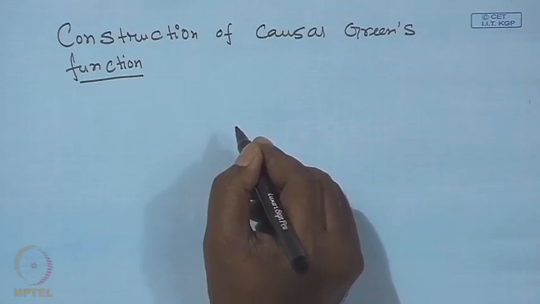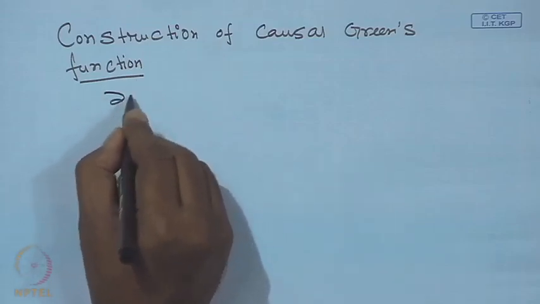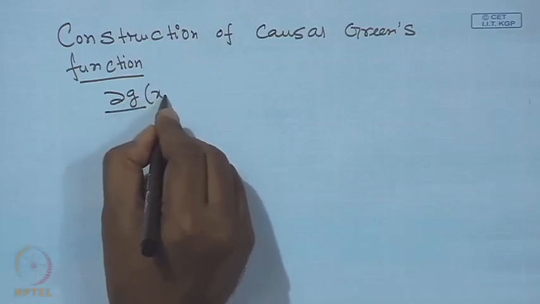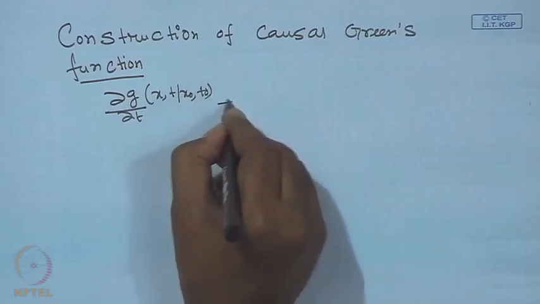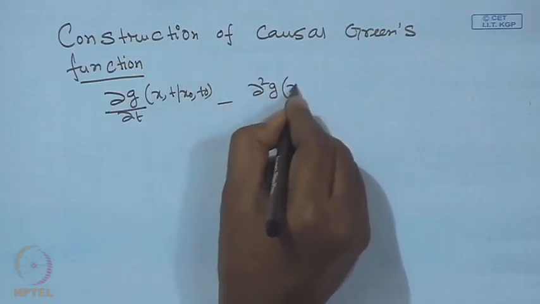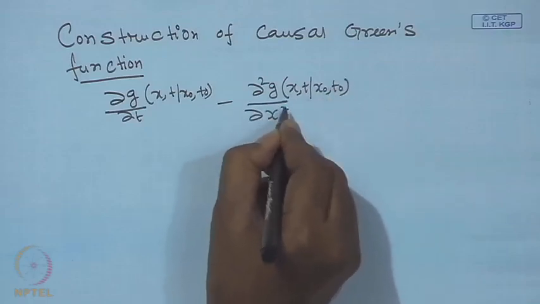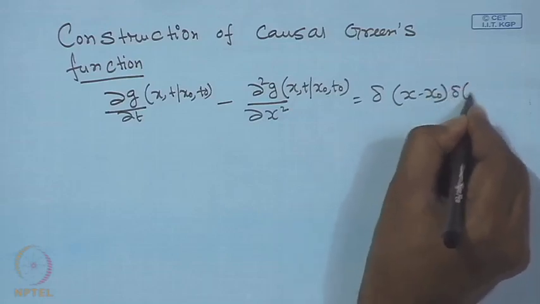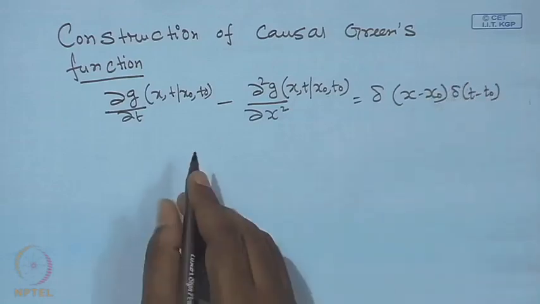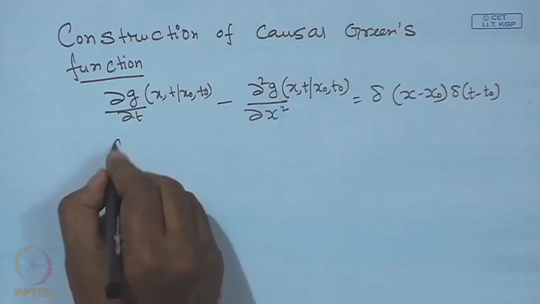Secondly, the non-homogeneous term in the governing equation must be replaced by the unit impulse. So, therefore, the construction is del g(x, t; x0, t0) del t minus del square g(x, t; x0, t0) del x square is equal to delta(x minus x naught) delta(t minus t naught). Okay. And we force all the boundary conditions of the original problem to be homogeneous.